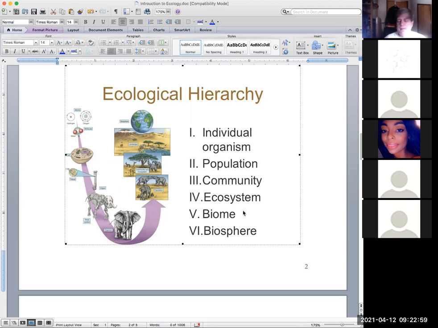When we talk about biomes, biomes are often defined as the major biological divisions of the earth. We can think about biomes in two different ways. You can think about a biome in very general terms, like deserts. So what's the main characteristic of deserts? They're relatively dry. They don't get a lot of precipitation.